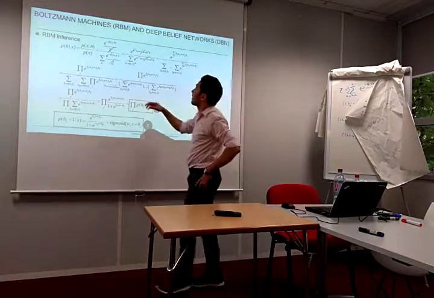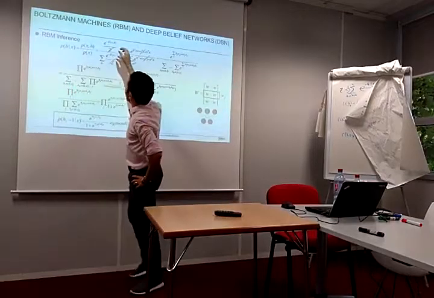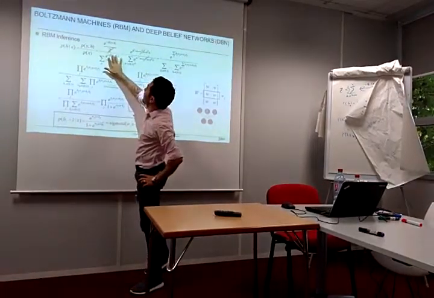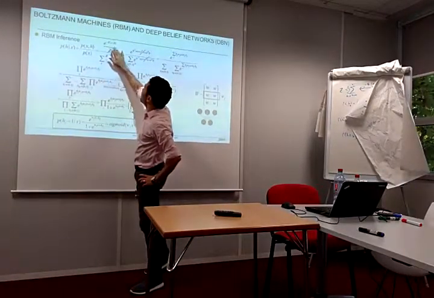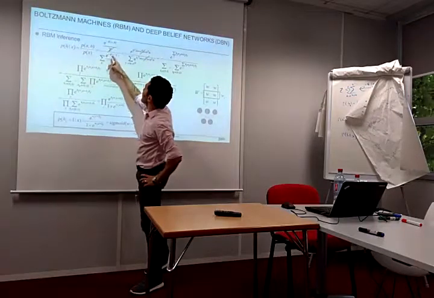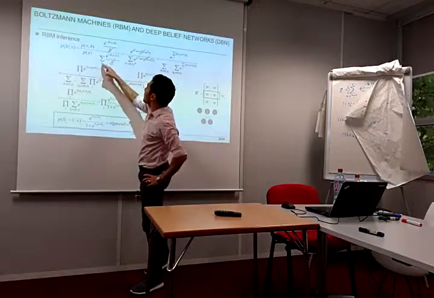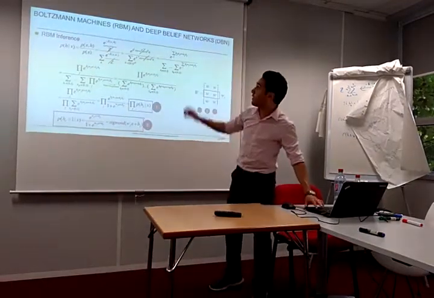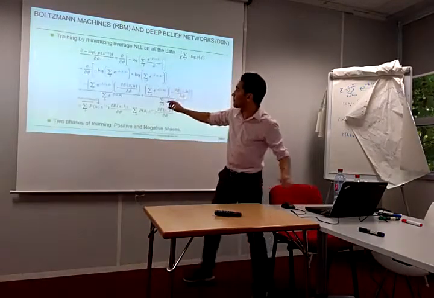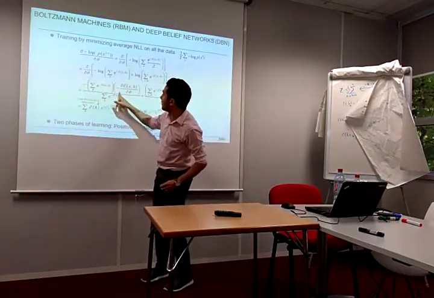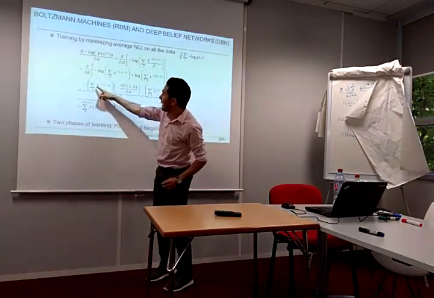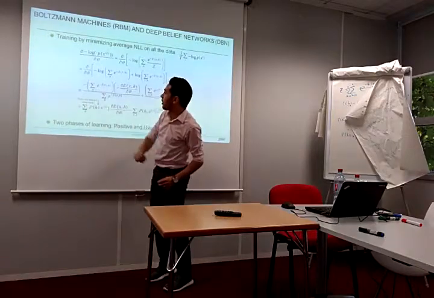Yeah, here. p of x given h was equal to this divided by this. So remember this shape, e to the power minus E. The denominator is e to the power minus E also, but with summation over h. Now we replace this shape here with p of h given x, and this summation is here.